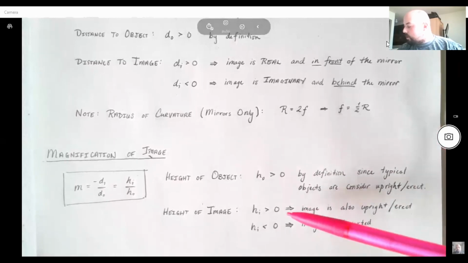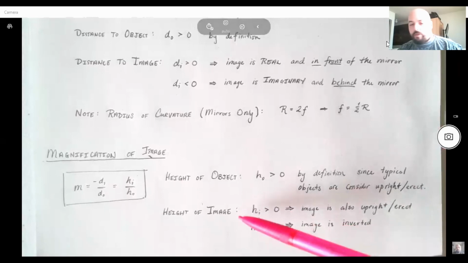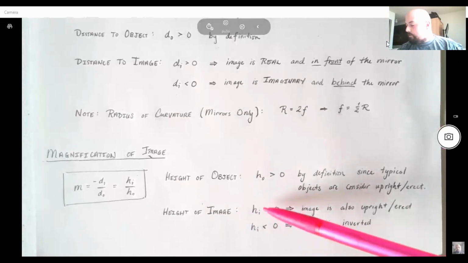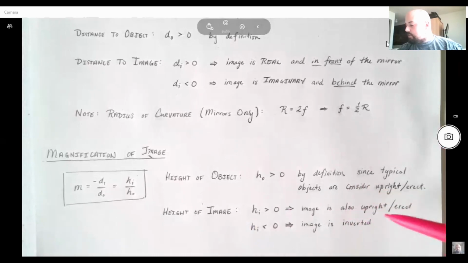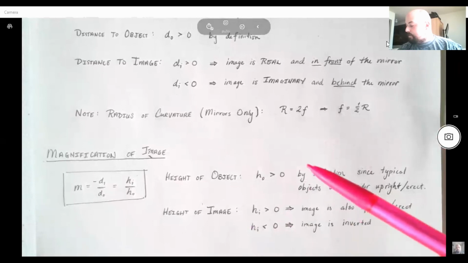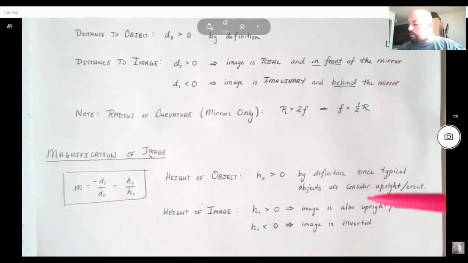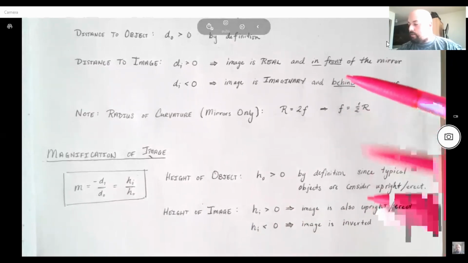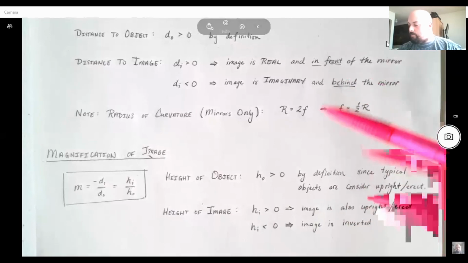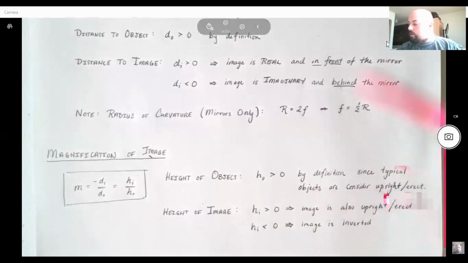For the height of the image, if you have a positive height, the image is considered upright or erect. If the image height is negative, basically it just means that the image is essentially below the optic axis.